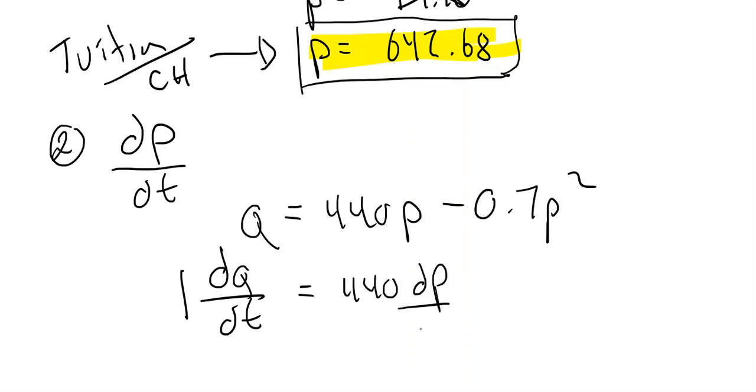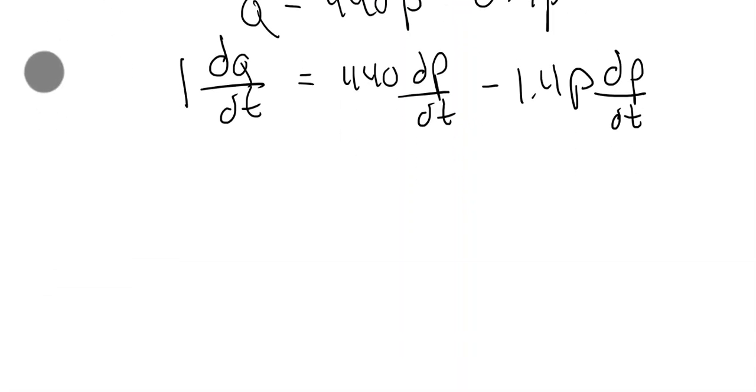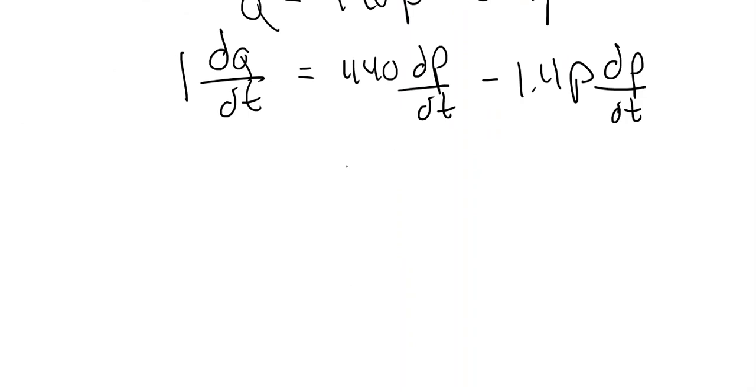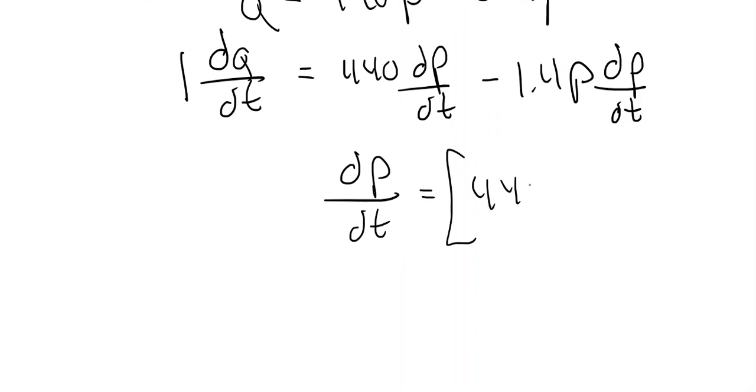And then this would be 1.4p dP/dt. Okay, so now we want to solve this for dP/dt. So on the right-hand side, let's factor out dP/dt. And we'll have 440 minus 1.4p, and that's equal to dQ/dt.